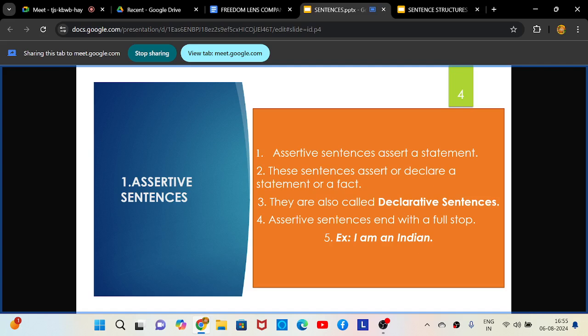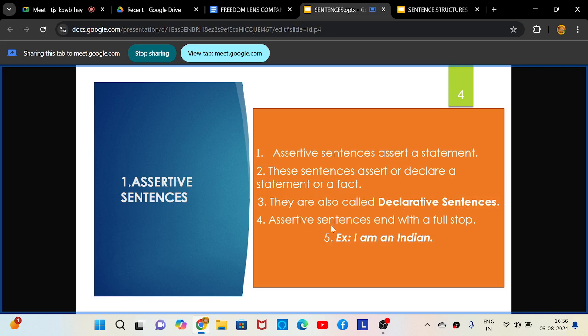Such sentences are called assertive sentences. These sentences assert or declare a statement or a fact, so they are also called declarative sentences. Somewhere if you hear the word declarative, no need to get confused. It is another name for assertive sentences.